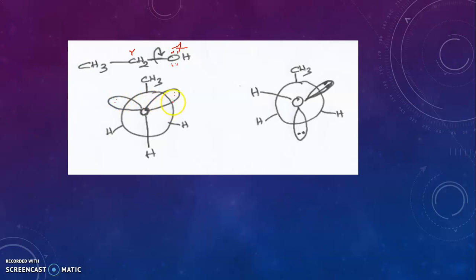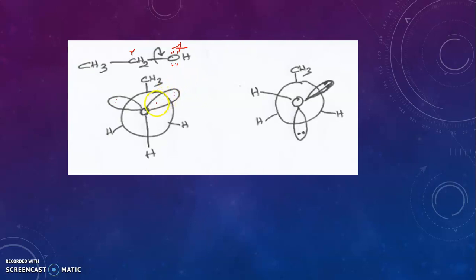Now we have two possible staggered conformations. In one, the methyl group is between the two lone pairs. In the other, the methyl group is adjacent to one hydrogen, and on this side we have a lone pair. Among the two conformers, which is more stable? Remember the gauche effect, which I have already given. I am going to give you another important meaning of the gauche effect.